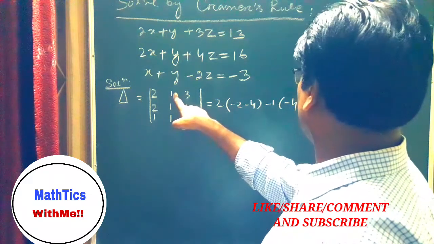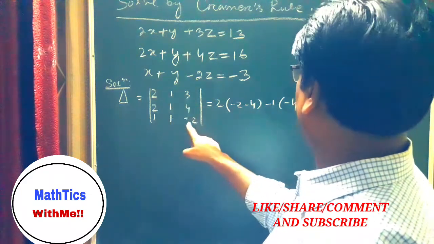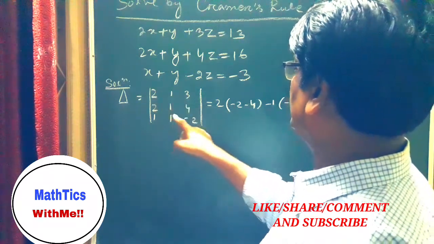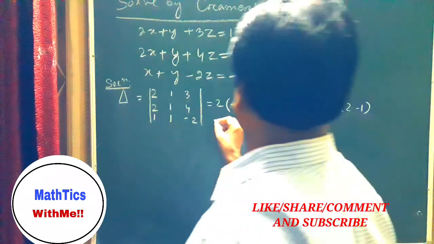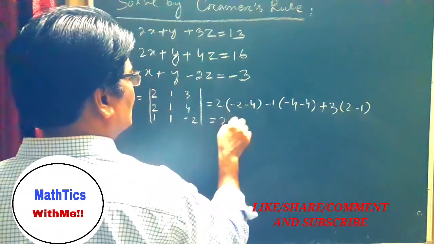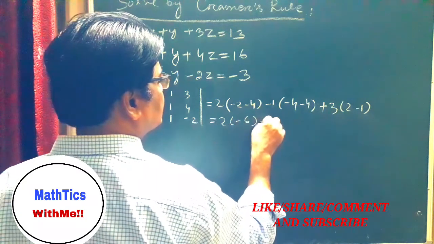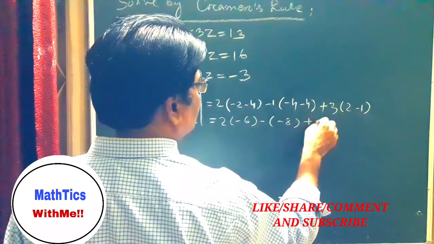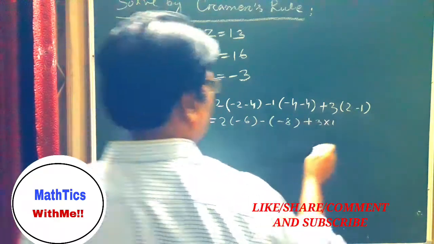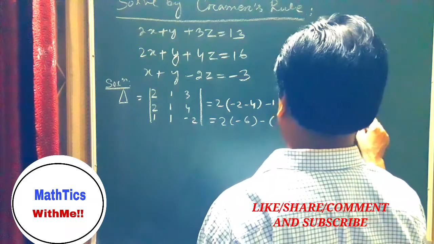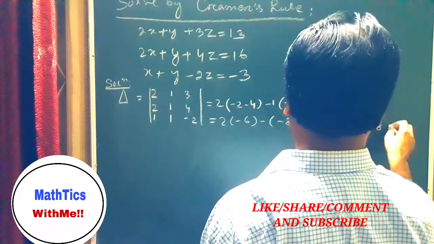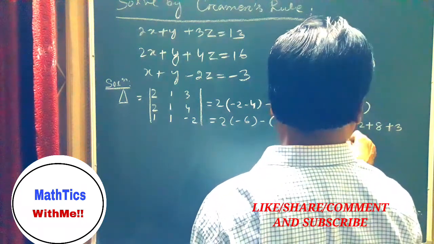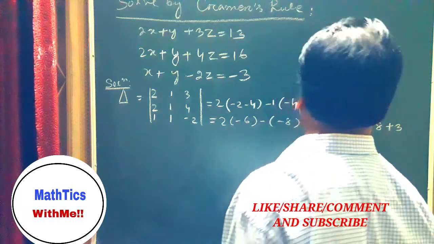This is -1, it will be -4 - 4. When I take 3, this will be 2 - 1. So this equals 2 into -6 minus of -8, plus 3 into 1, which equals -12 + 8 + 3, which equals -1, not equal to 0.